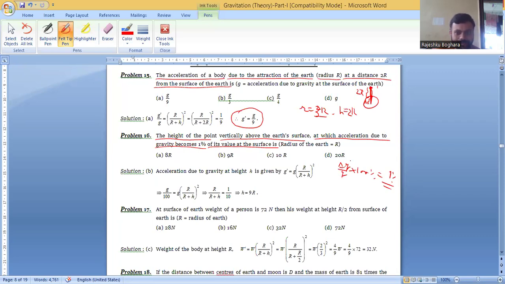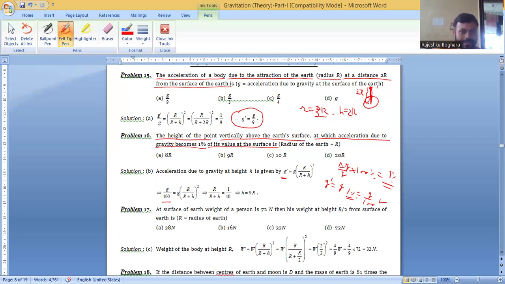ओके, तो here 1% चेंज, तो g dash उसका 1% है. g dash equal to g 1%. 1 means 1/100, so g/100. So now we write here g dash equal to g/100 and g r upon r plus h whole square.